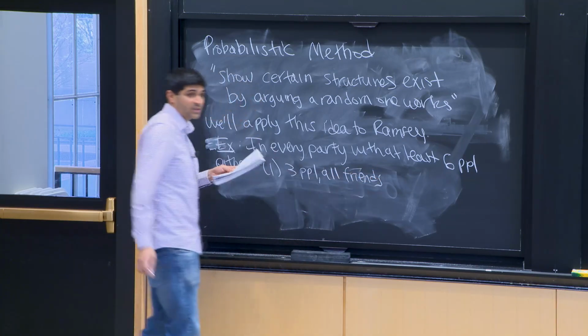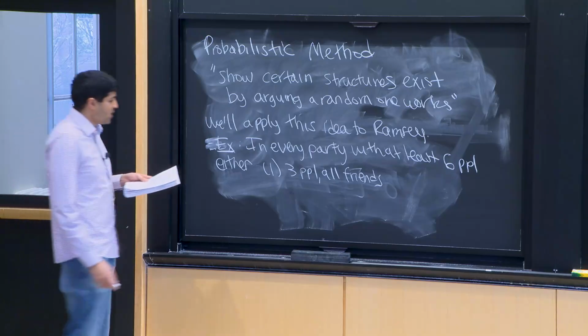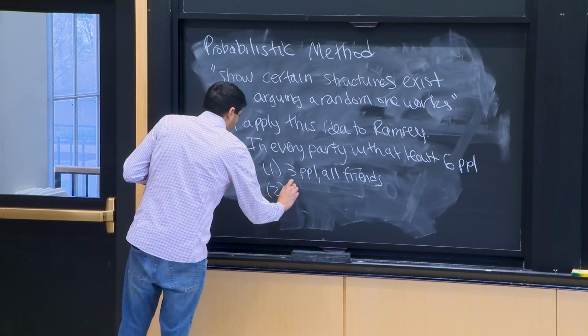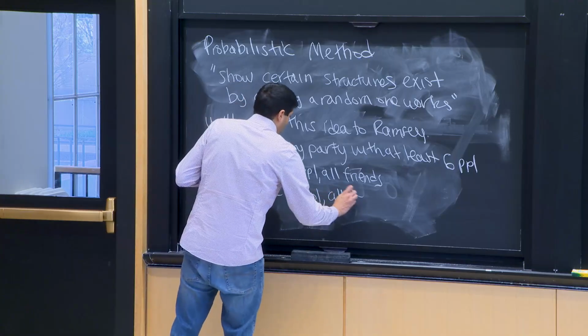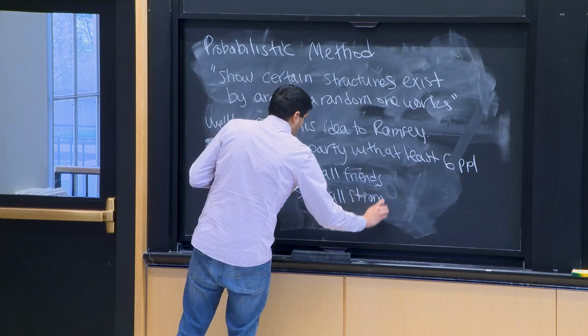All pairs of these 3 people are friends with each other. Or there are 3 people, all of whom are strangers, none of whom knows the other person.